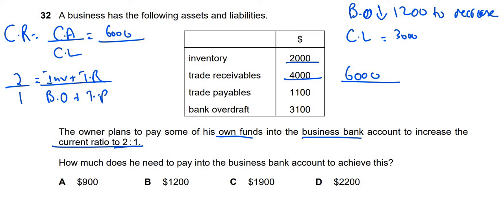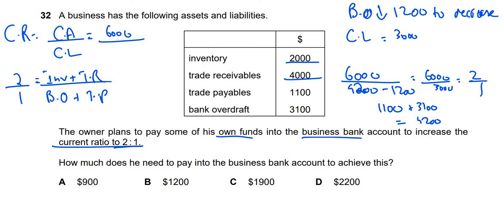So trade payables are how much? 1100 plus 3100. 1100 plus 3100 is actually how much? It's 4200. Alright. So right now I'm not getting the ratio 2:1. I need to subtract 1200, so it will become 6000 upon 3000, which will give me a ratio of 2:1. Alright, so I need to reduce bank overdraft by 1200, guys.